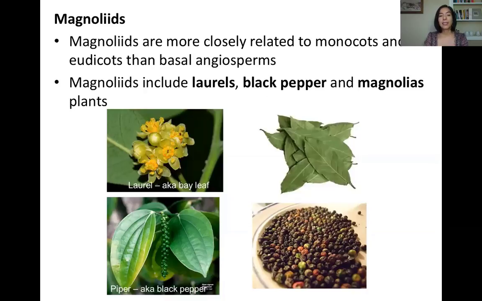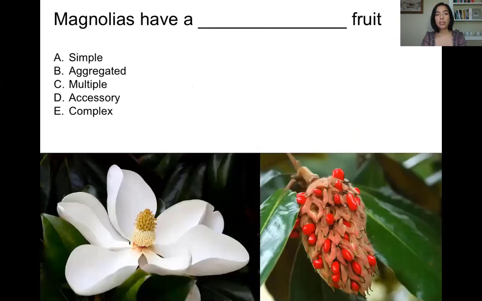Magnolias, the plants that have some very nice white flowers. We have some on campus. Those are magnolias. All of them belong to this group, magnoliids. These are the magnolias. This is the flower. And look at all of the stamens in this flower. And look at the styles. So these are stigmas and the styles.